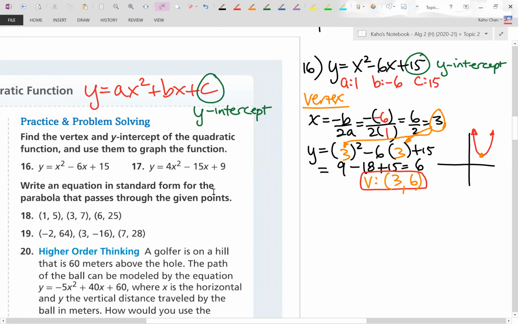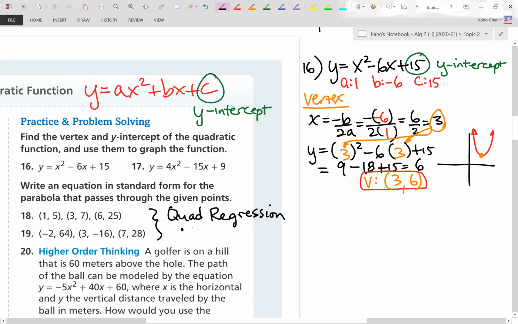Write an equation in standard form for the product that passes through the given points. This is going to require statistics. We need to use quadratic regression. Whether you're using Desmos or the graphing calculator, let me remind you how to do that.